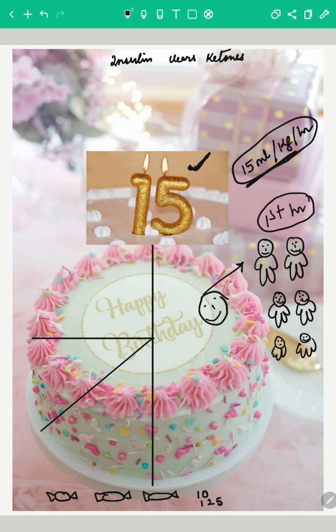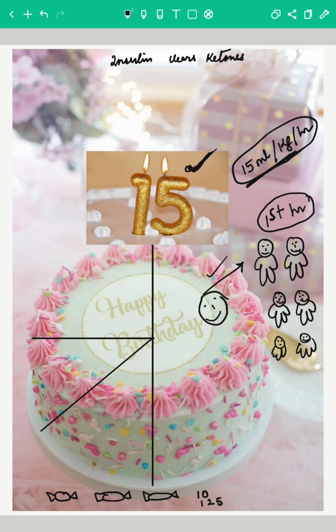We can remember the 15th birthday, and in the first hour of the birthday, this 15 ml per kg per hour is what we are giving away. The major chunk of the cake is taken in the first hour, because we know diabetic ketoacidosis is an emergency, so we have to drastically manage it. So in the first hour, we will give almost a major chunk of the cake, in the very first hour.